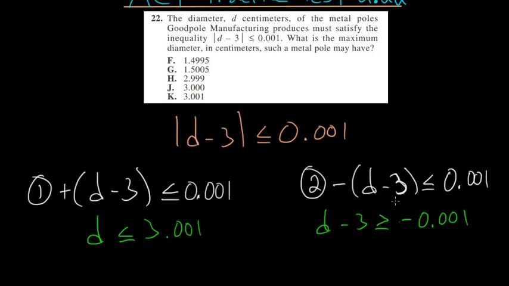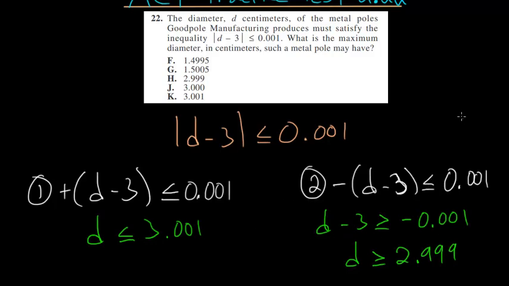Here we flip the sign because we multiplied by a negative number. Then adding positive 3 to each side, we have that d is greater than or equal to 2.999. If you're uncomfortable doing this kind of addition in your head, I highly recommend just using a calculator.